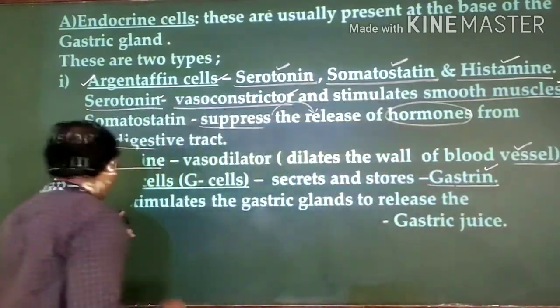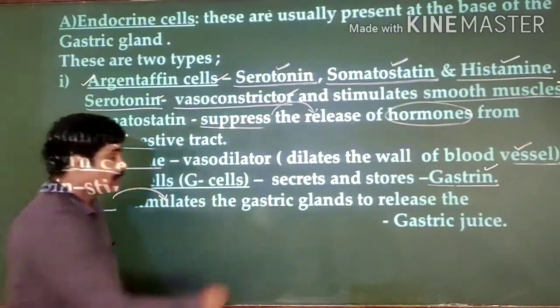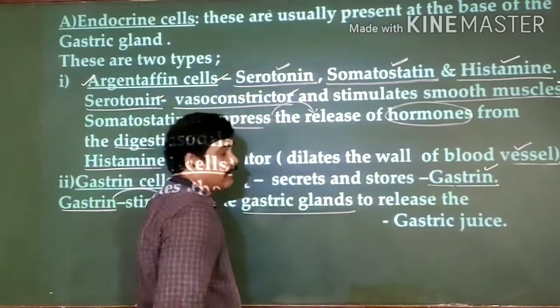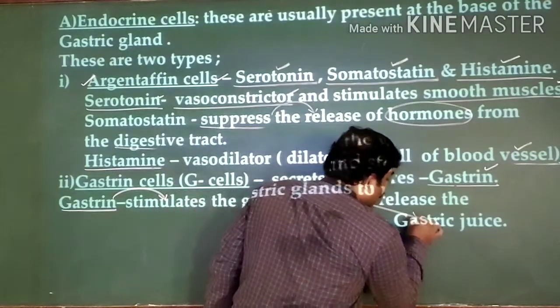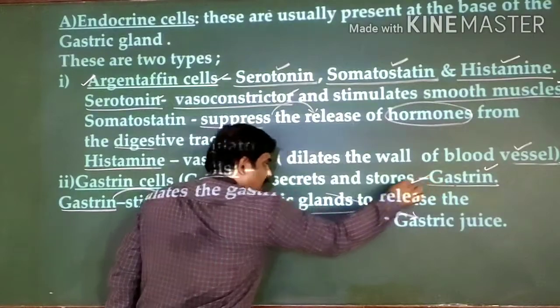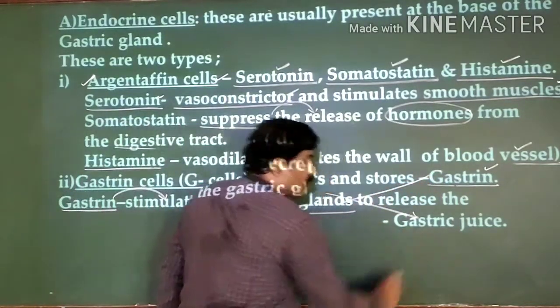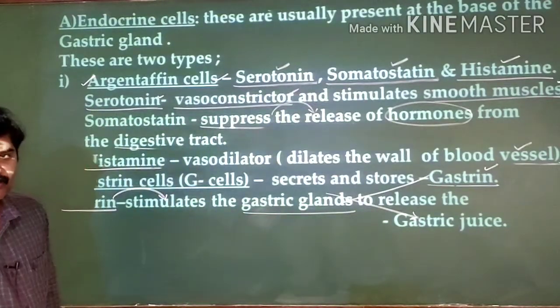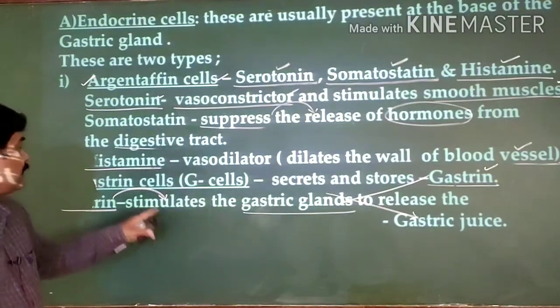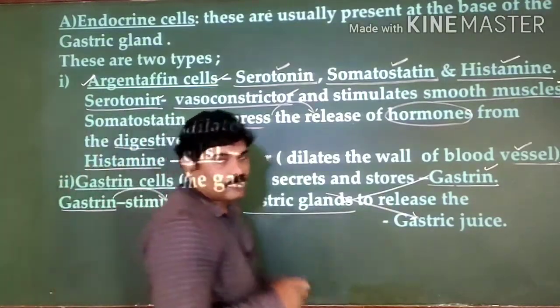So gastrin acts on the gastric glands, stimulates them, and helps in the secretion of the gastric juice, right? This is all about the second important endocrine cell present in your gastric gland.